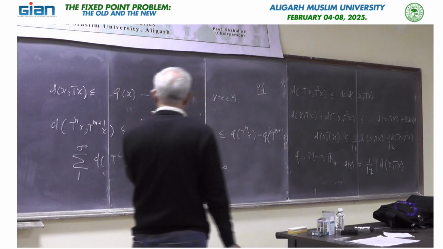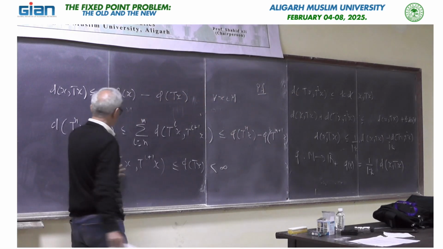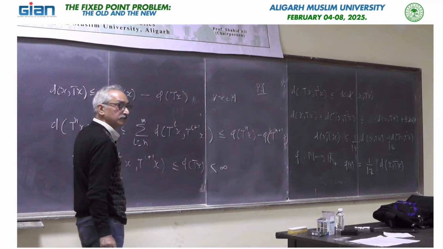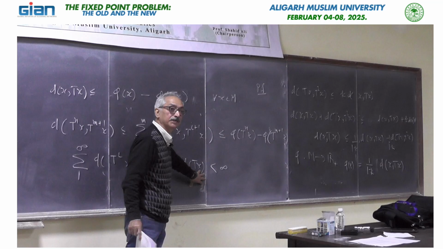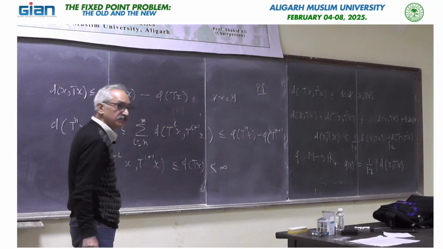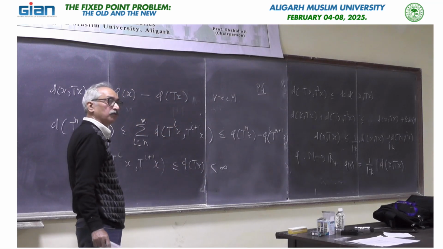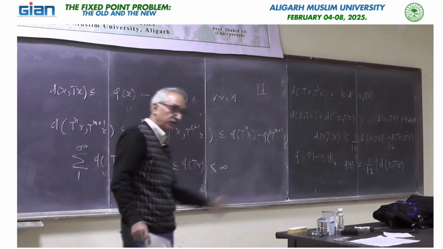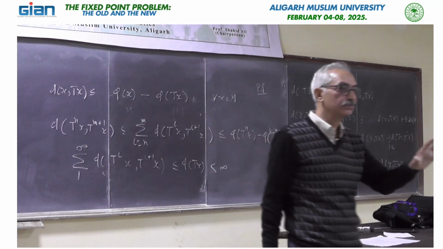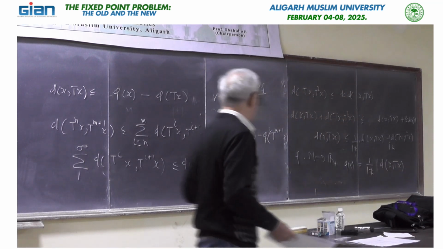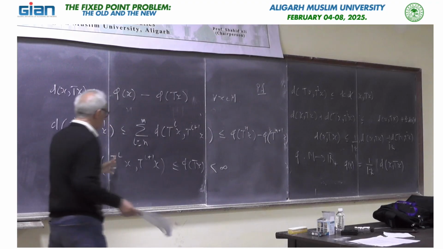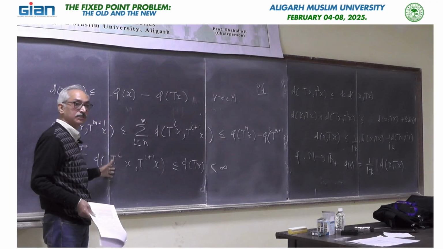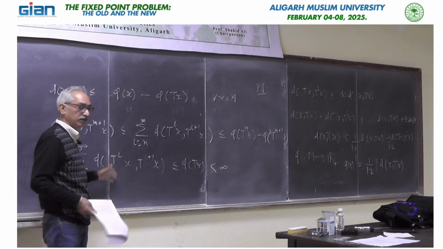Here we have this infinite sum of non-negative numbers bounded by this finite quantity. So, this is a convergent series, and therefore its remainder can be made as small as you want. So, by this you can conclude that T^n x is a Cauchy sequence, right.